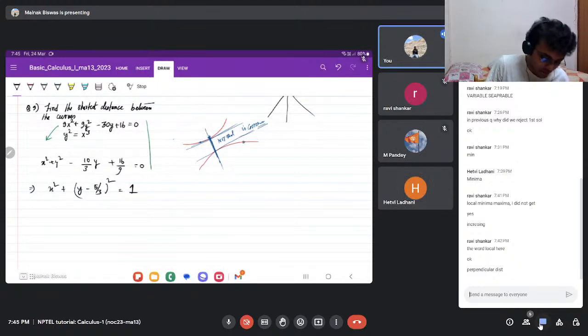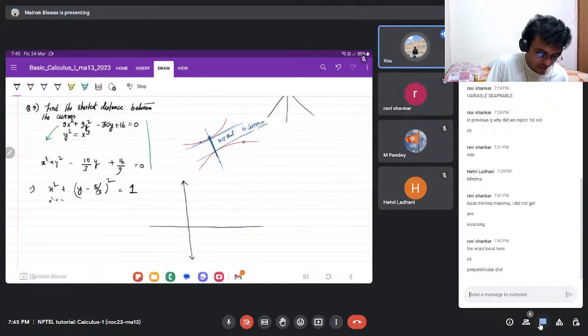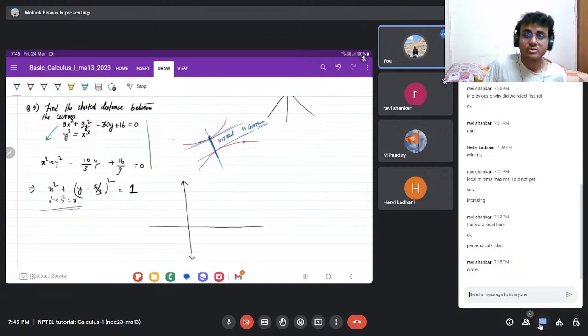Yes, sir. So this is equal to y square minus 10y by 3 plus 25 by 9. If you subtract this, you get 16 by 9. You get back the original equation. So this is an equation of a, what is that equation of? x square plus y square is equal to r square. What is an equation of?